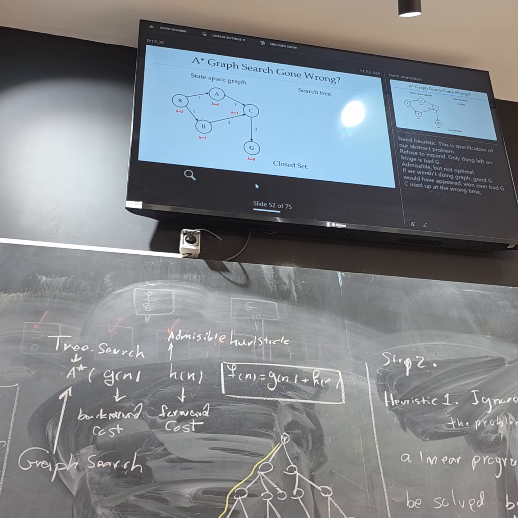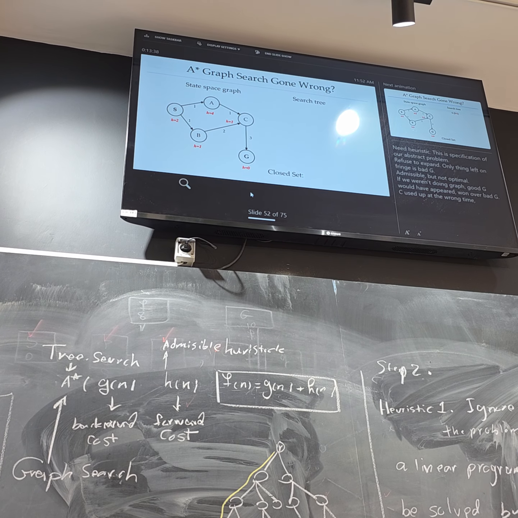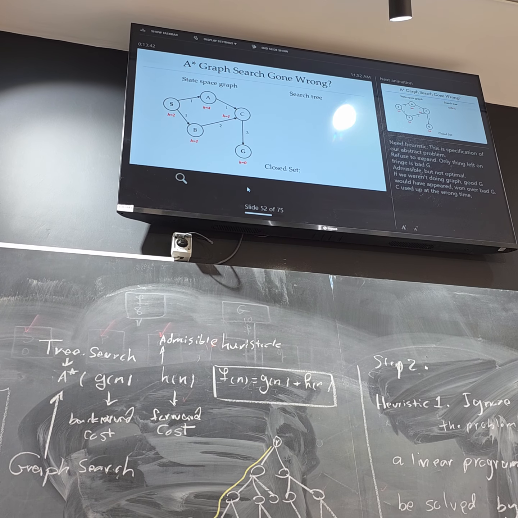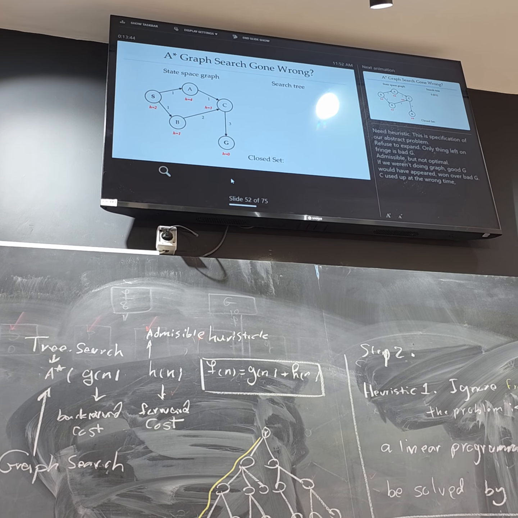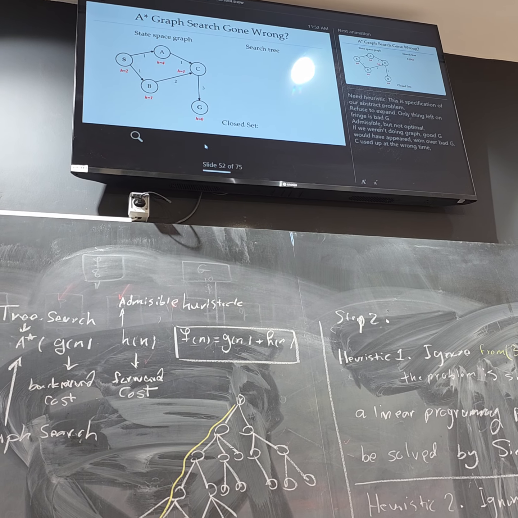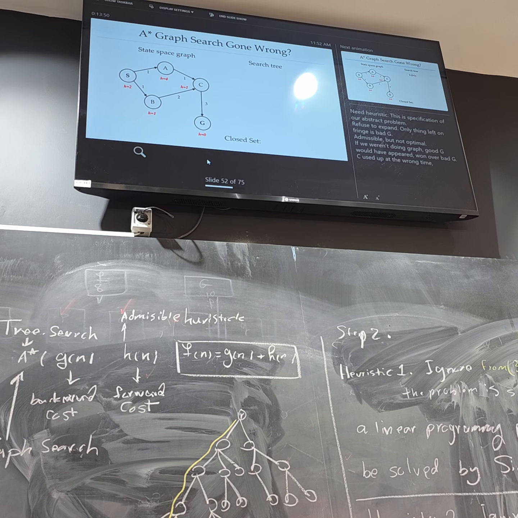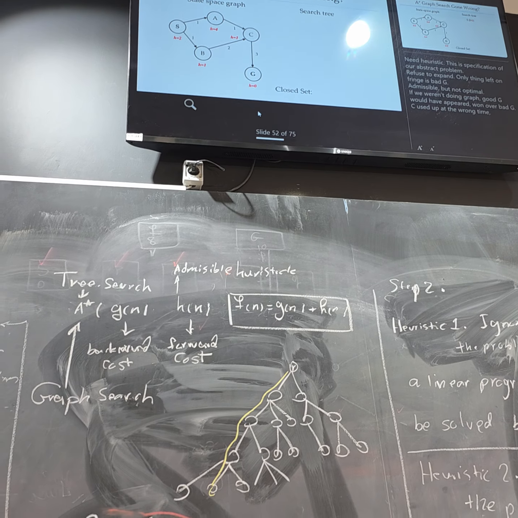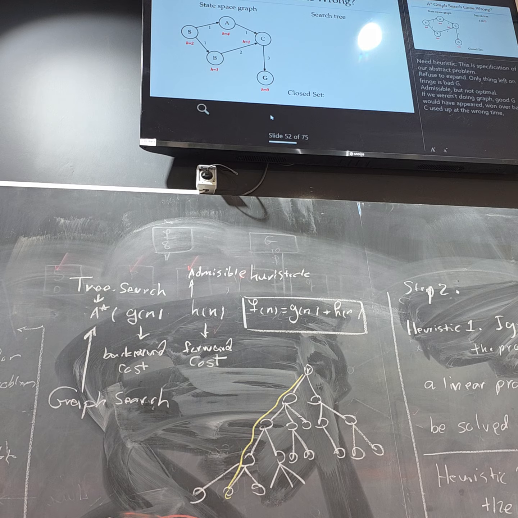For C, is H admissible? Yes, 1 is less than 3. Again for B, yes, 1 is less than 5. Because there is no loop in this graph.